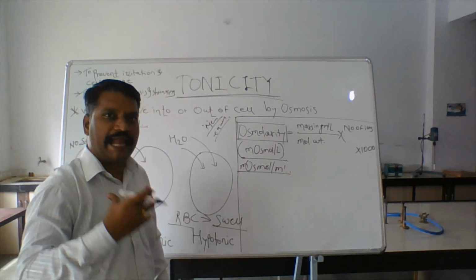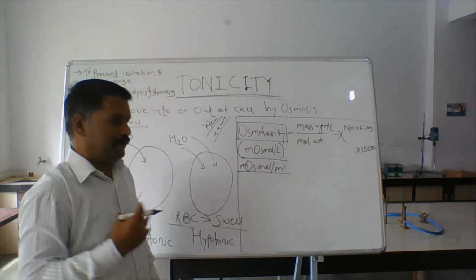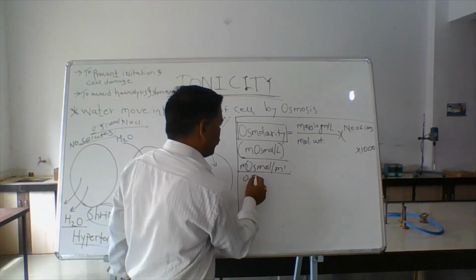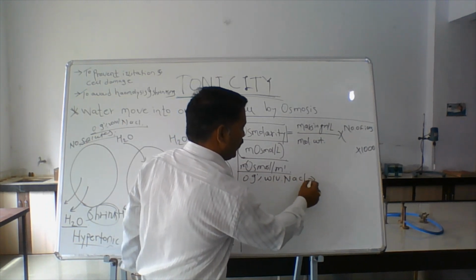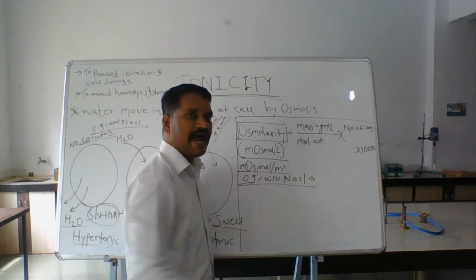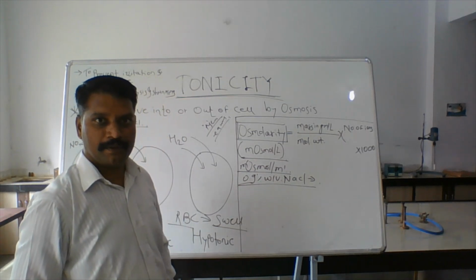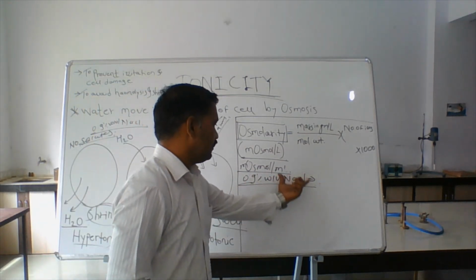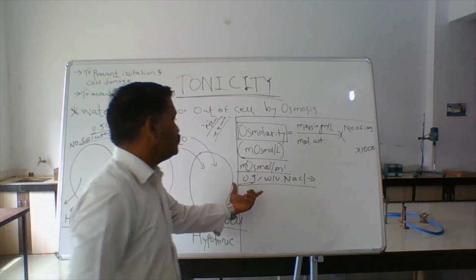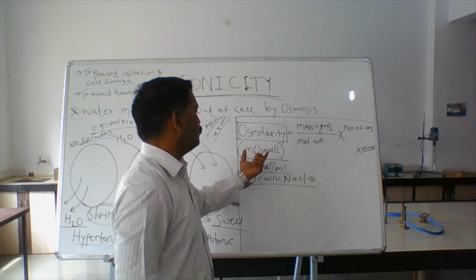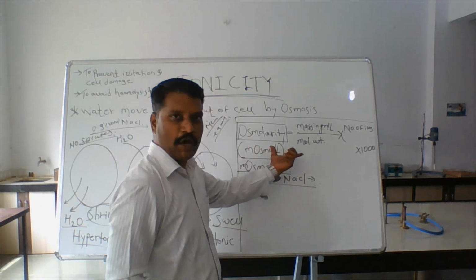And how to calculate it? Generally 0.9% weight by volume sodium chloride is used to adjust the tonicity, meaning 0.9% weight by volume sodium chloride is isotonic. So how much is the osmolarity, in milliosmol per liter, of 0.9% sodium chloride?